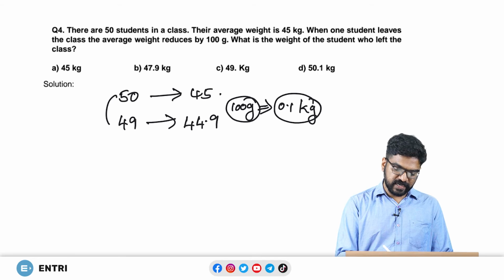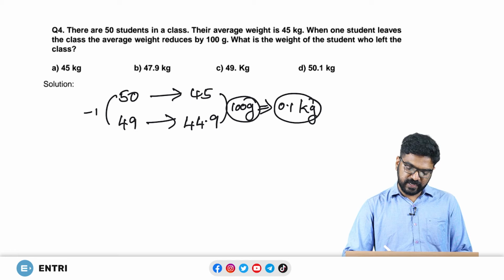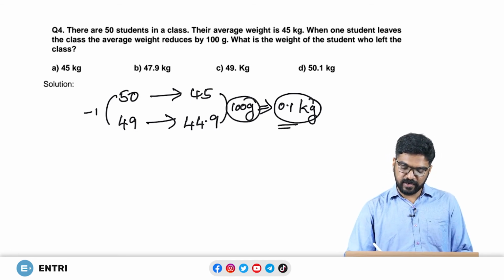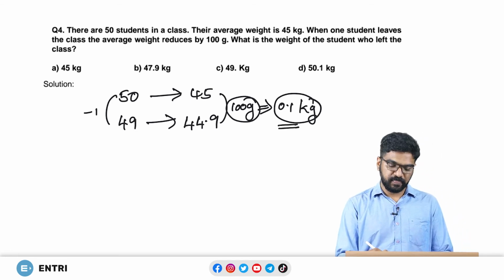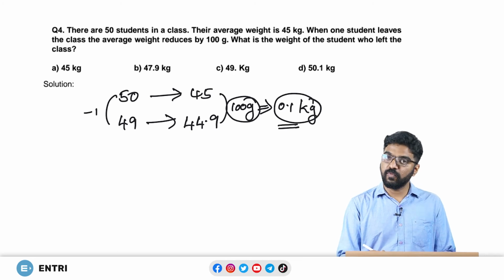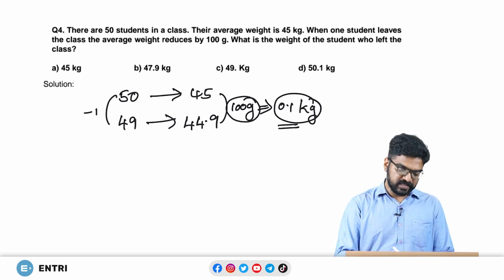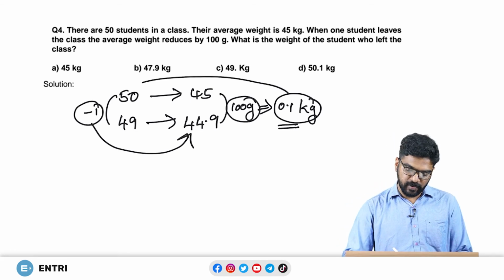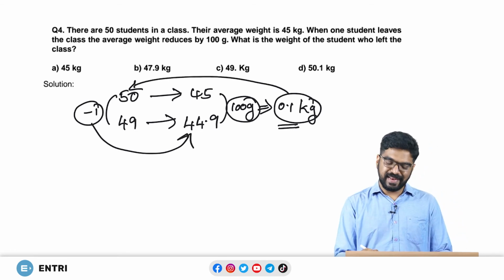So let's take the differences now here. 50 became 49, so there is a decrease of -1. 45 became 44.9, so there is a decrease of 0.1 kilogram. What we have to do here is multiply this value with the bottom right value and this value with this top left value.